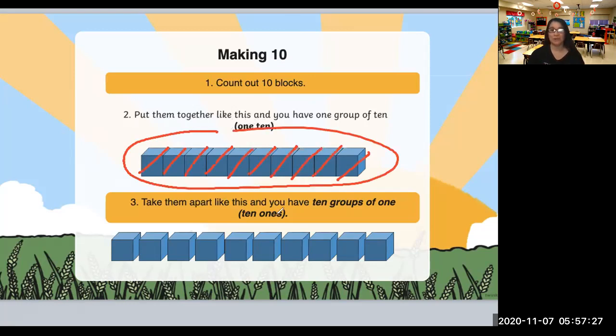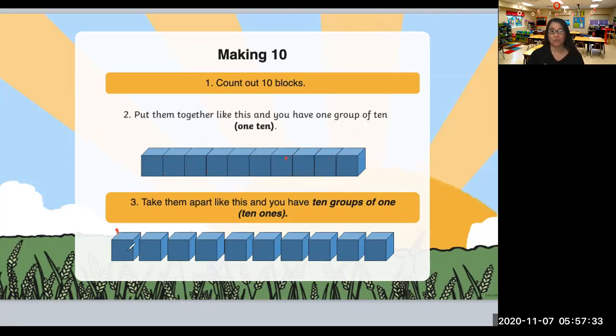When you take them apart like this, you have 10 groups of 1, which is 1, 2, 3, 4, 5, 6, 7, 8, 9, and 10. Remember, when you have 10 blocks and you put them together, you get one group of 10.